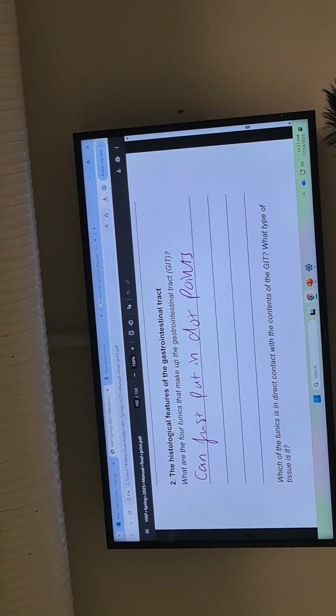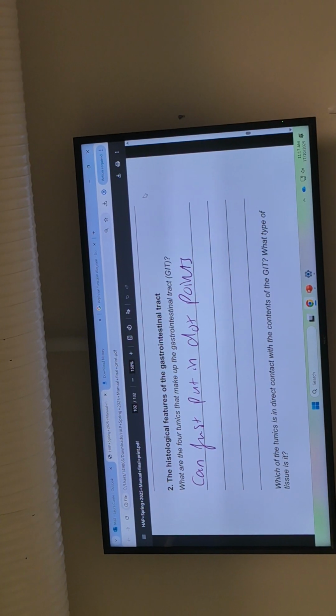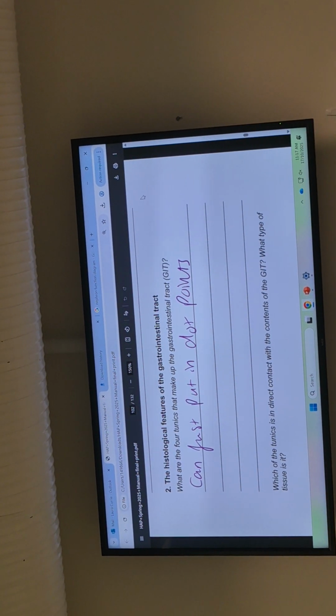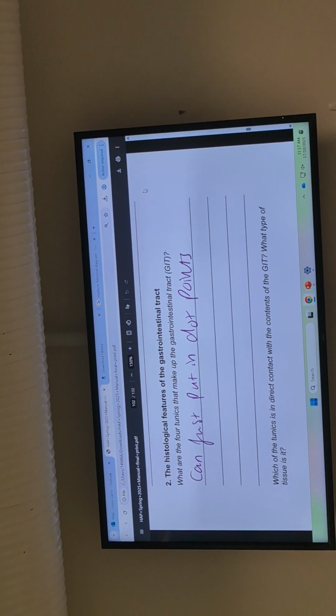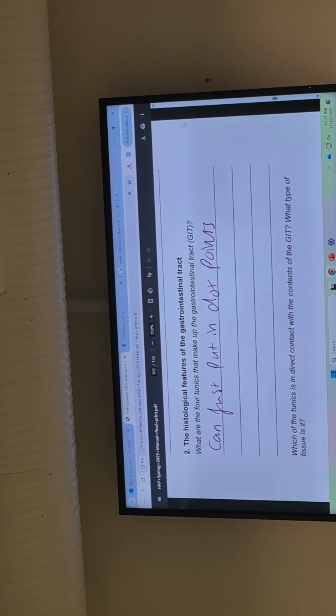So there are the four tunics that make up the gastrointestinal tract. If you can just write down what they are, like the mucosa, submucosa, and so on. You're going to put down all of the layers.